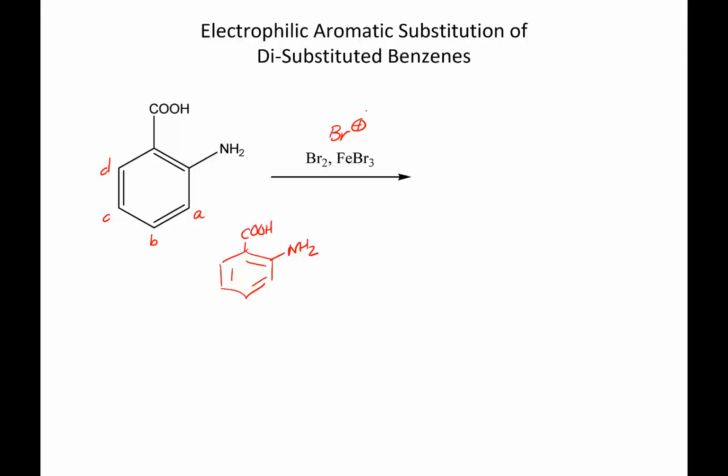So who's the director? NH2. NH2 because it's the number 1 group. So it's going to direct ortho and para to itself. So the first thing we do is we just basically copy the molecule over again.